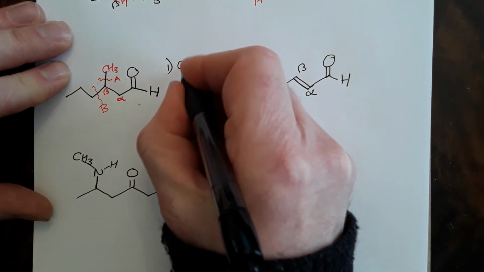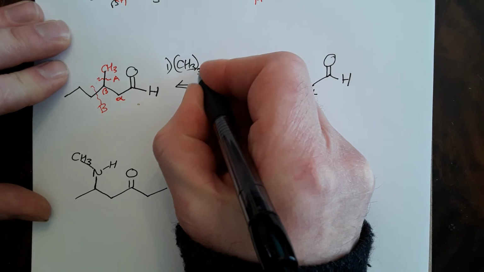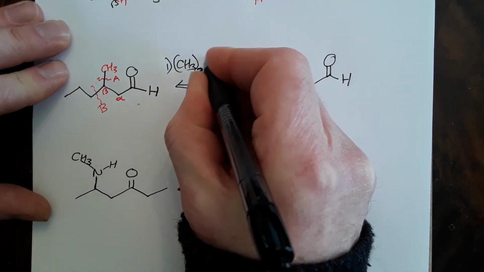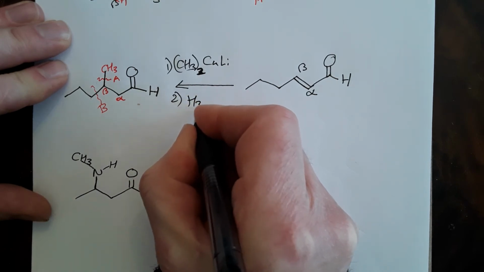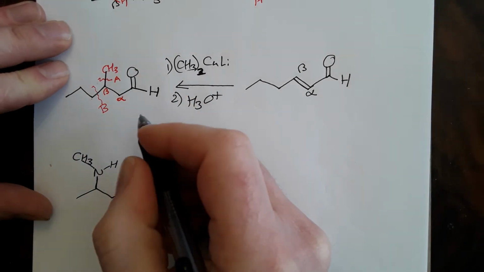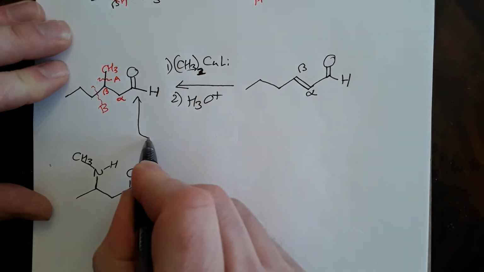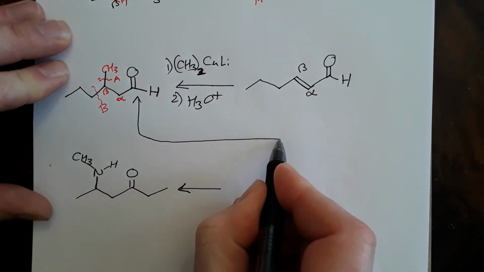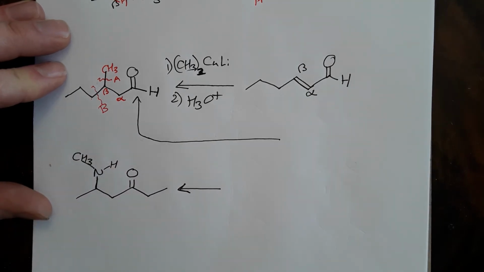So step number 1, two methyl groups, CuLi, and step number 2, H3O. Okay, so that's one way to make it. Now you can pause the video and work out a second way to make it, forming this bond that I've labeled B.